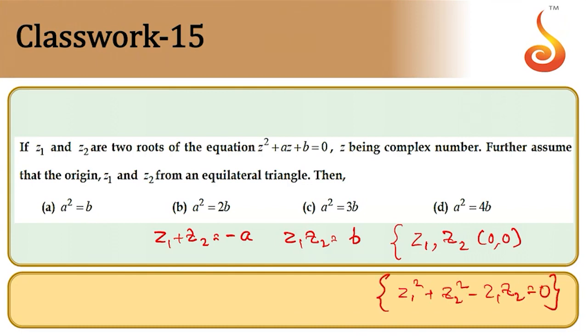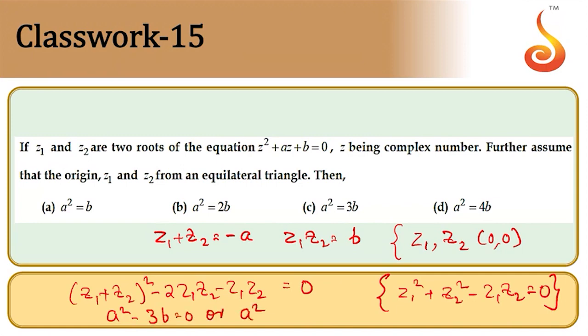This you remember; we use this data here. This can be written as (z1 + z2)² - 2z1 z2 - z1 z2 = 0. So we get a² - 3b = 0, or a² = 3b.